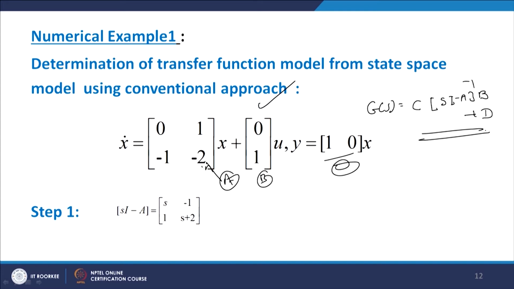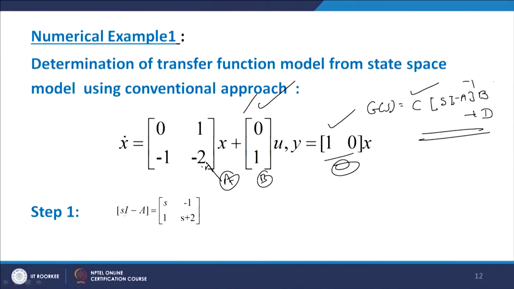As I discussed earlier, we want first (sI - A) inverse, because C is given, C is [1 0], and B is also given, but we need (sI - A) inverse. So how to get it? First of all I have written sI minus A, that is nothing but sI means here [s 0; 0 s] minus A. What is A?